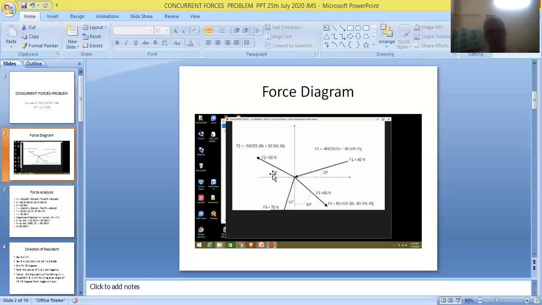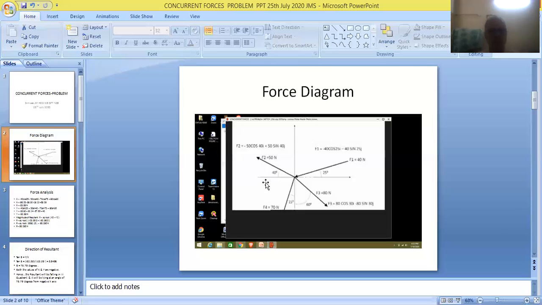And by doing these sigma x and sigma y calculations, ultimately we can measure the magnitude of resultant and also direction of resultant.